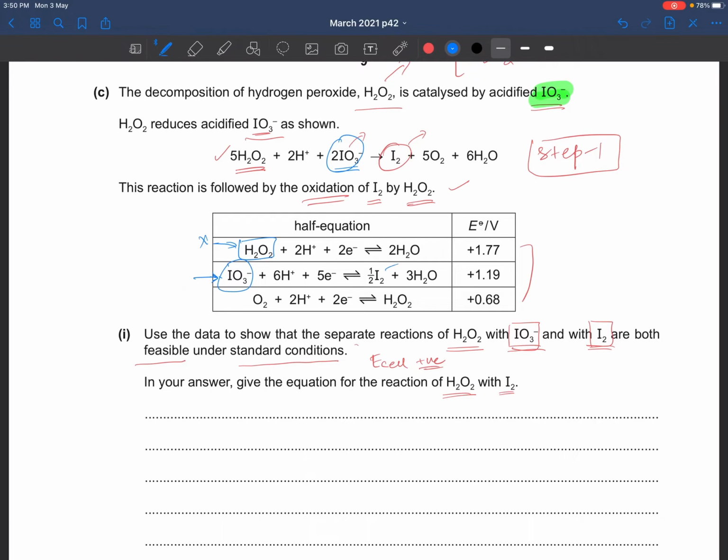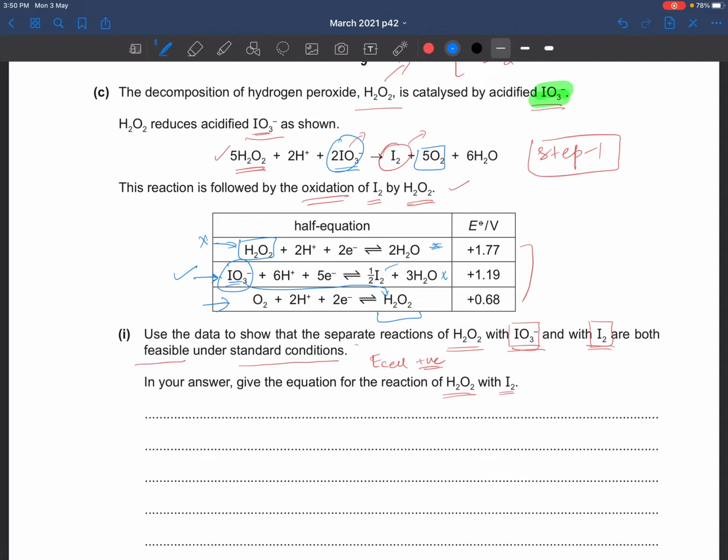The second thing is that in this equation we have oxygen involved, and there is no oxygen in this equation and no oxygen in this equation. So we cannot use this equation. This we have to use because we need IO3 minus. So the second equation which we need for step 1 is this one. In this equation H2O2 is on the product side, so it would be oxidized, because we have to react IO3 minus with H2O2, right?